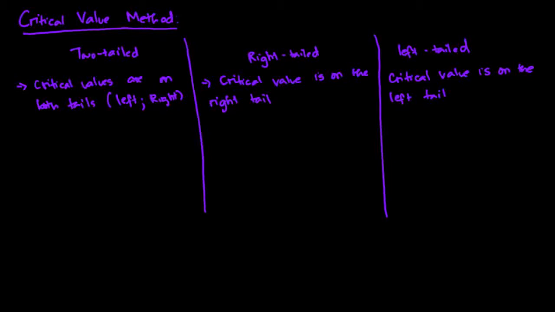So it doesn't matter which type of test you're performing, the area of the rejection region must equal the value of alpha.